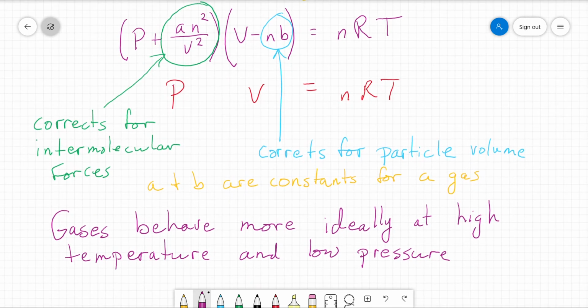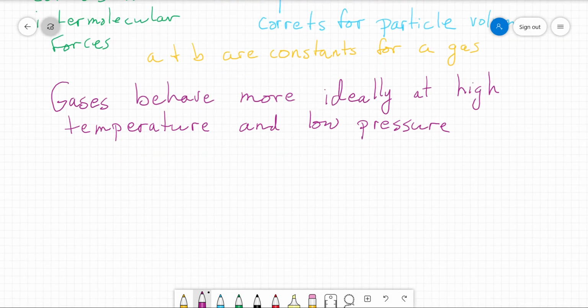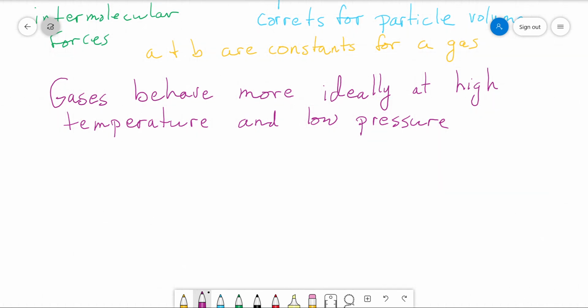Basically, both those conditions keep the molecules away from each other. At high temperature, the molecules zoom right past each other when they collide. They don't stick to each other, as it were, which is what an intermolecular force does. The collisions are so fast that they just bounce right off of each other. And at low pressure, the molecules are much less likely to encounter each other. So that also is key. So any gas will behave more ideally at high temperature and low pressure.